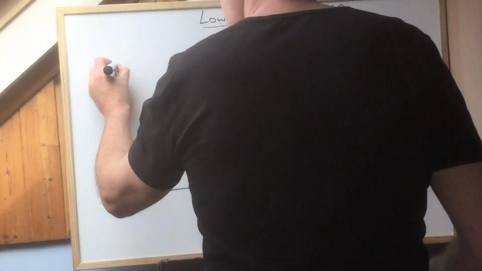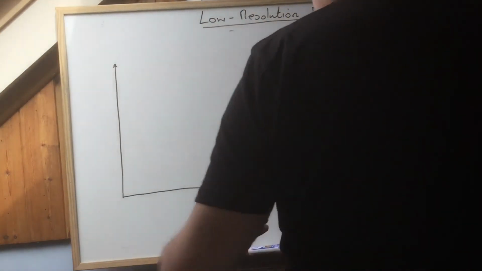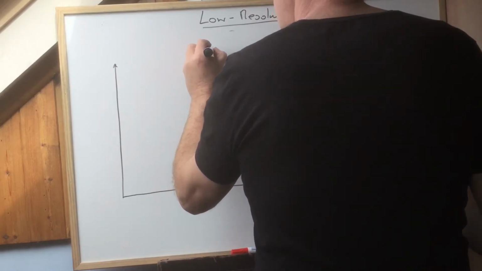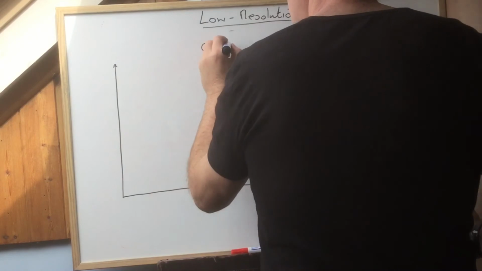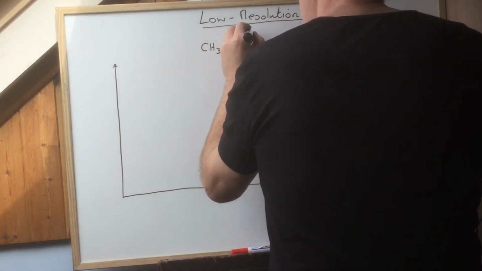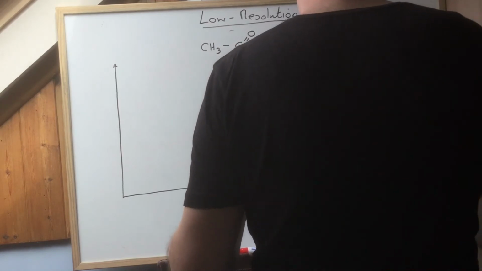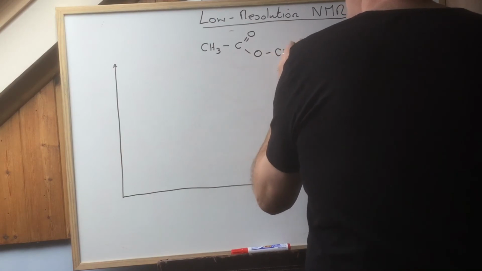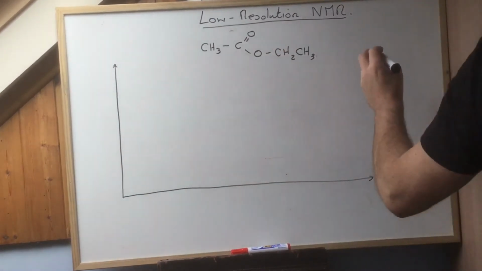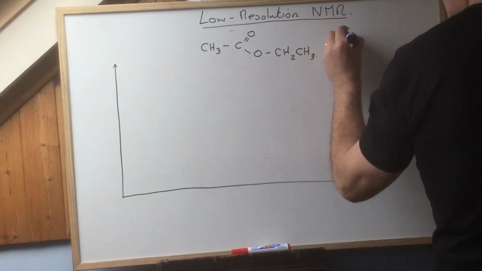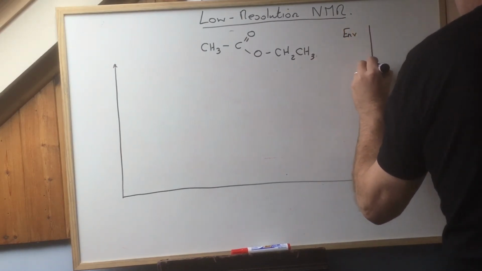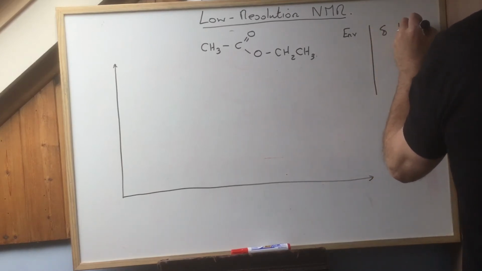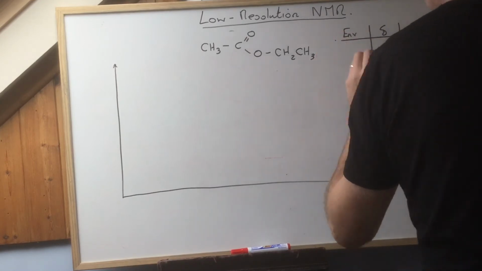Okay, and the molecule I'm going to consider is an ester, really classic, CH3, C double bond O, O, CH2, CH3, and over here I need this environment, chemical shift, integration. Right.